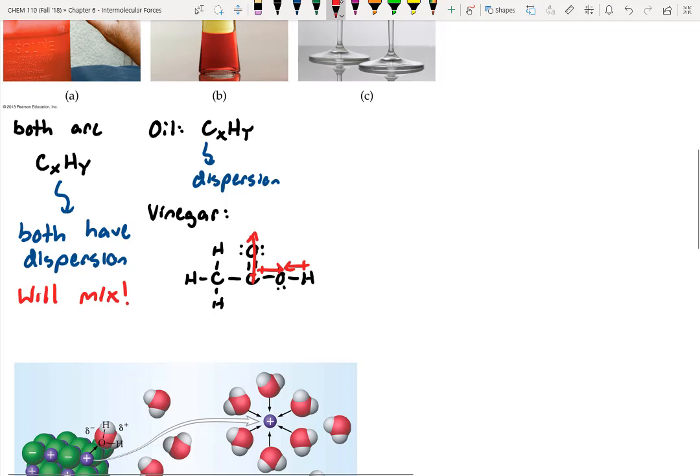Does it have anything else that's stronger? H-bonding, right? We've got a hydrogen on the oxygen. So what I like to do anytime I see that is just to highlight it, right? So this one can H-bond. Because dispersion is so dissimilar from H-bonding, these will not mix well together.